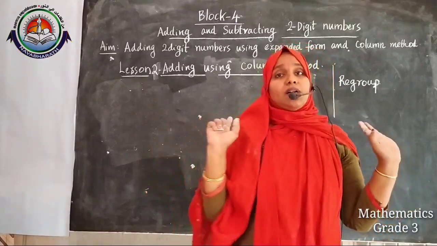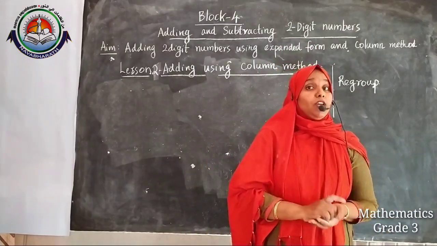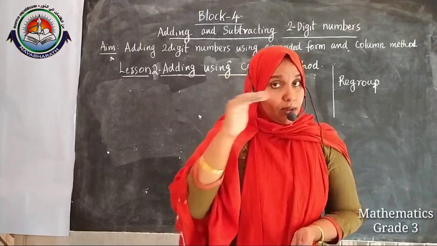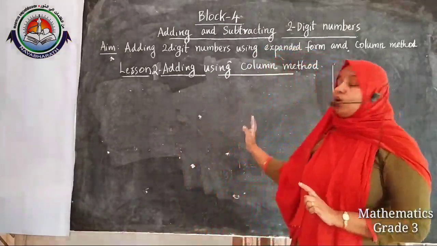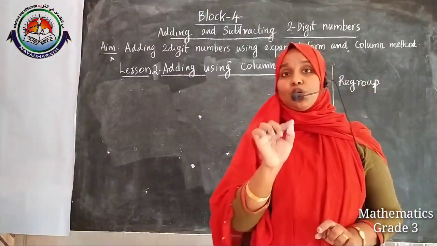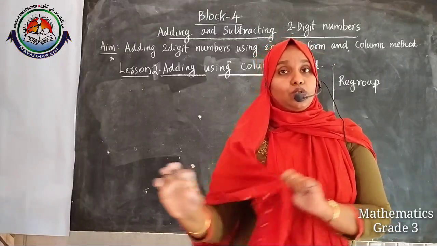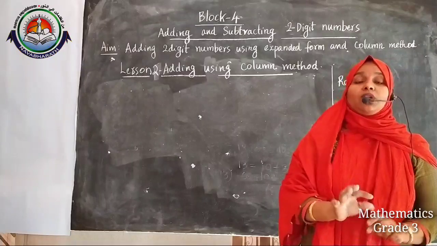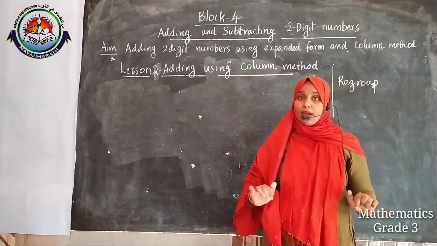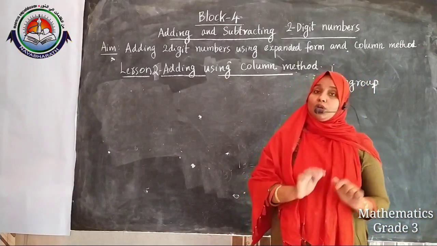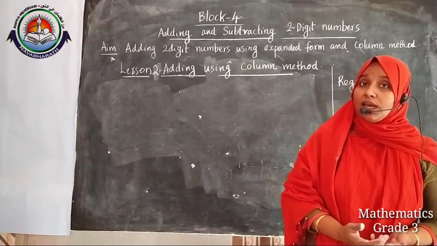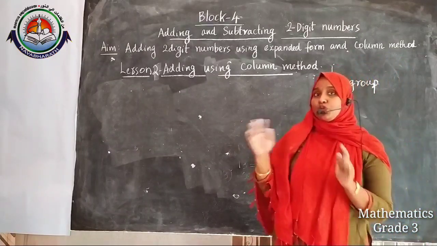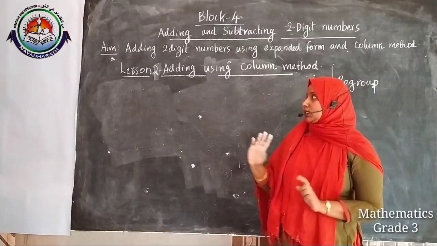But if it is specifically asked to add using expanded form, then you should do the expanded form. Usually you can follow whichever method is easier, but you should study both methods.